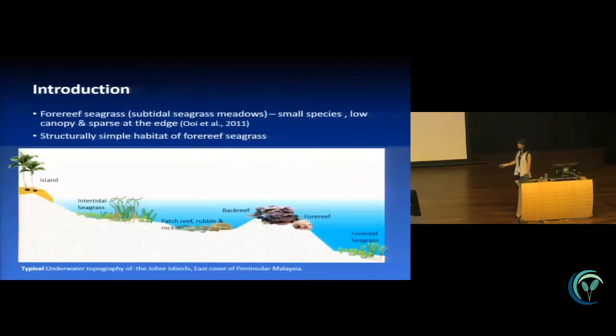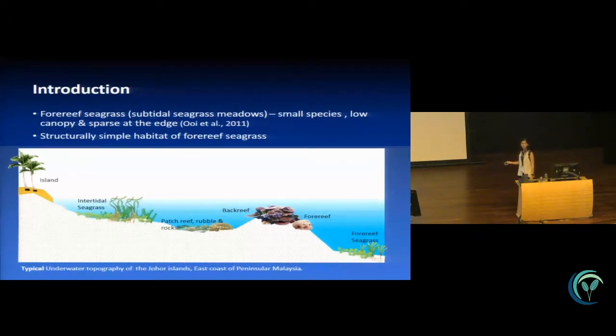Next, yep, this is the typical underwater topography of the Johor Islands area. This is the intertidal you can find here. And after the fringing reef, we have our subtidal forereef seagrass.